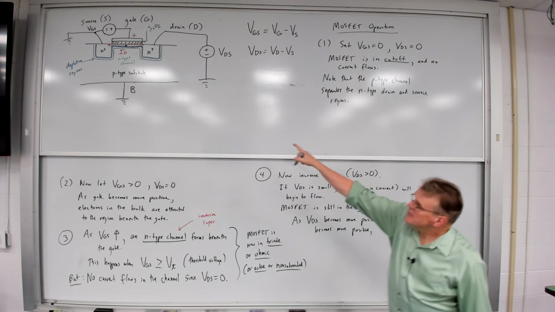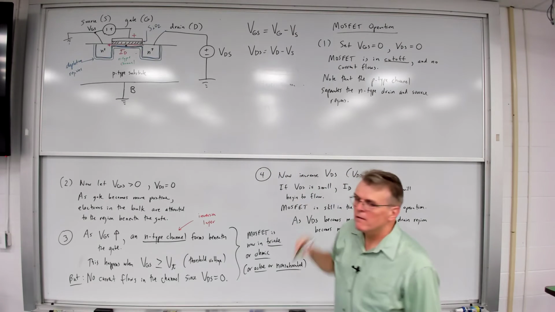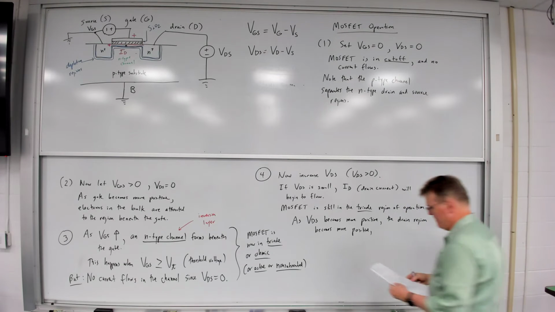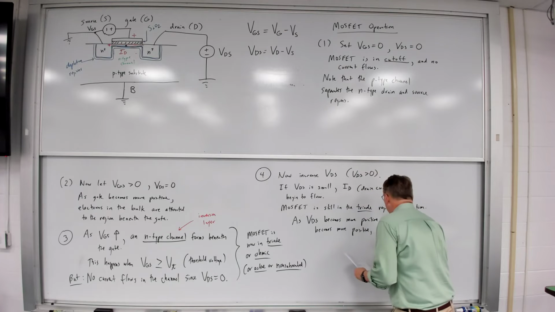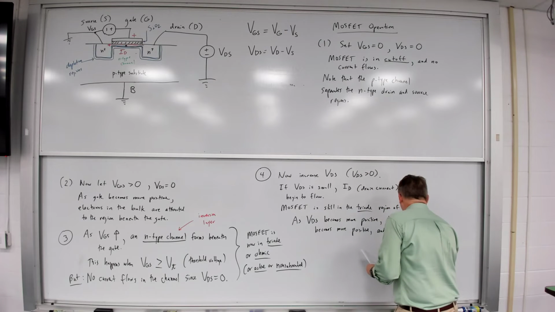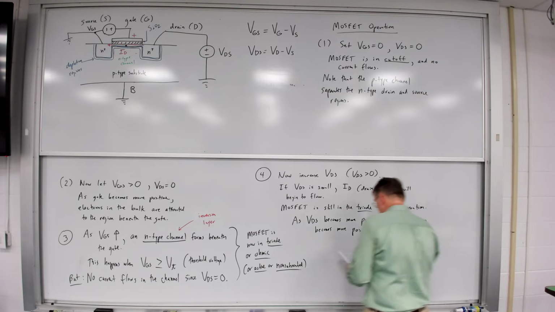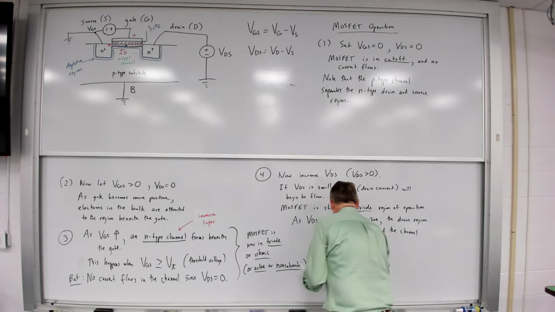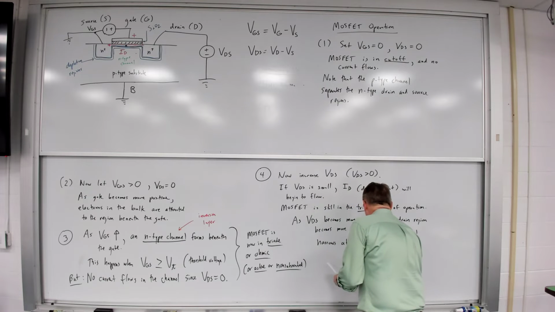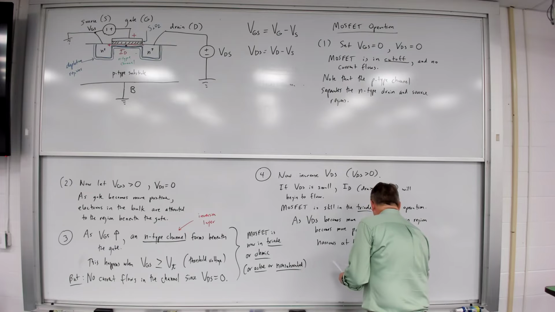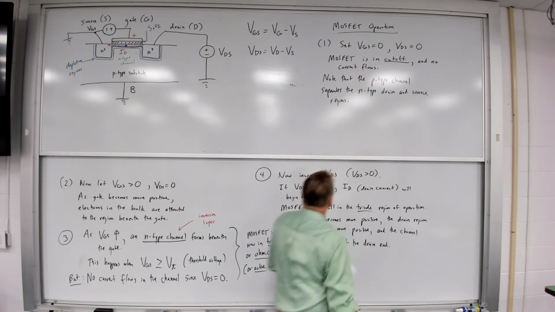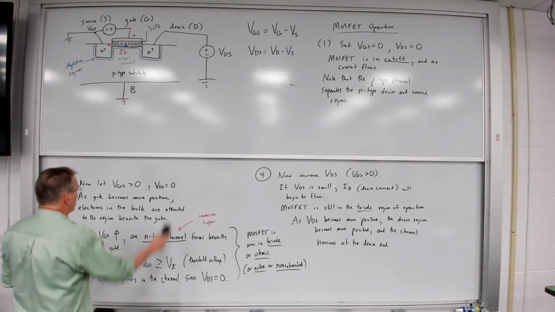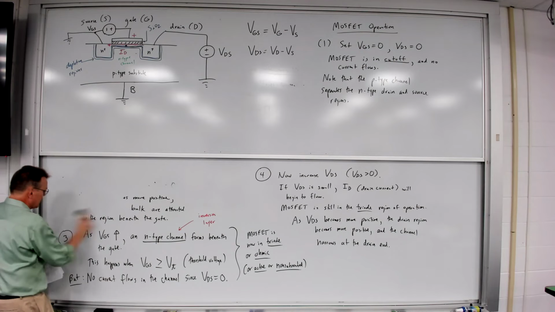And what happens is that N-type channel begins to pinch off at the drain end, begins to narrow. So let me take that and I'm going to redraw this down here to basically try to clarify what's going on. Let me redraw part of that section up there.